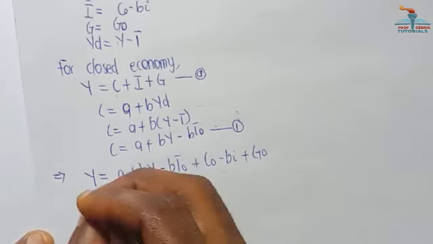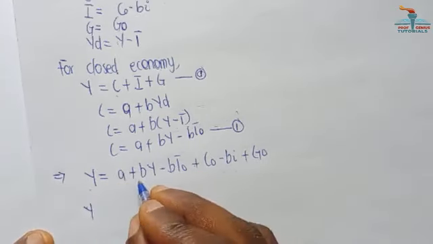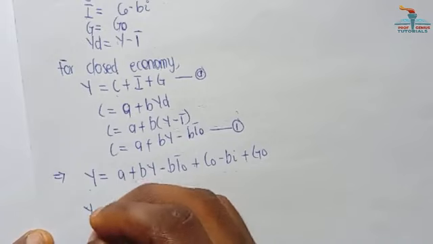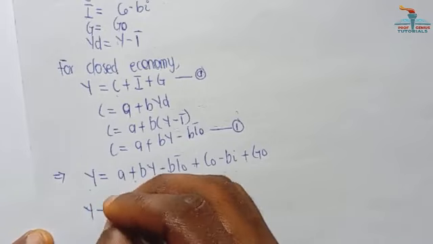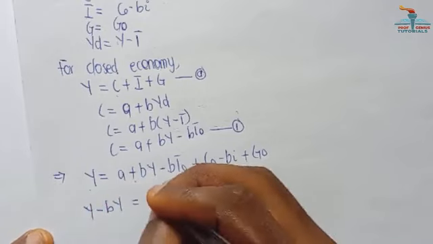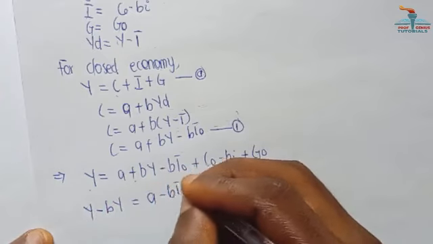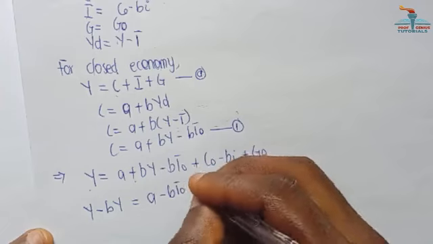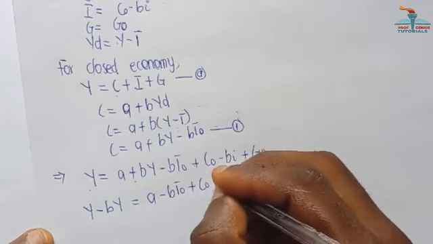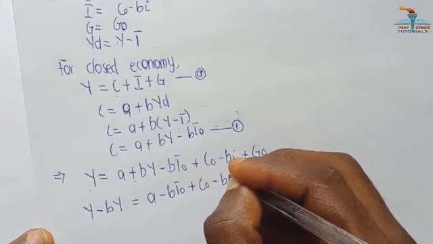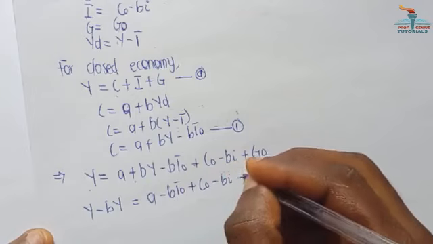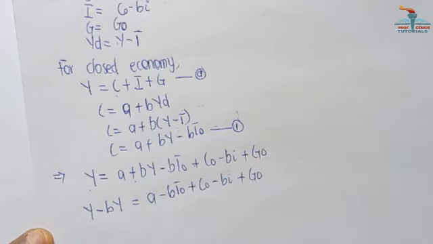So we already have Y here, then we have plus BY. When it crosses, it becomes minus BY. And this is equal to A minus BT naught plus C naught minus BI, then plus our G naught.